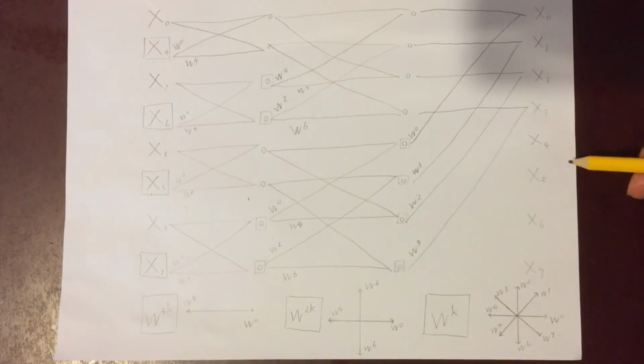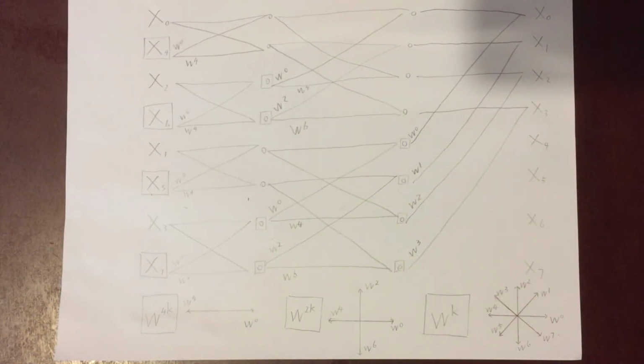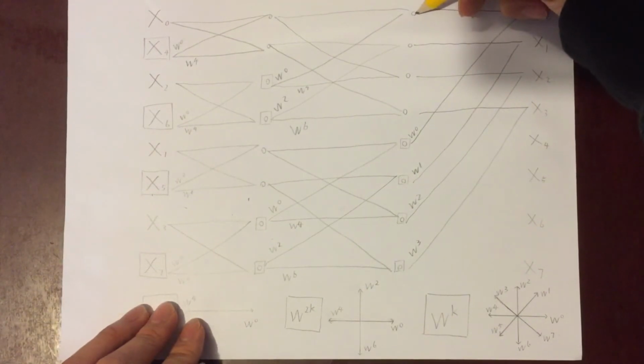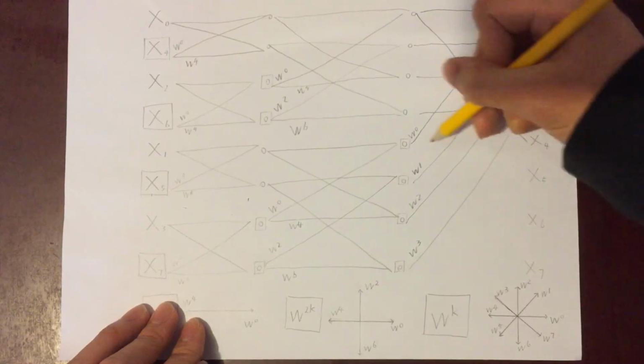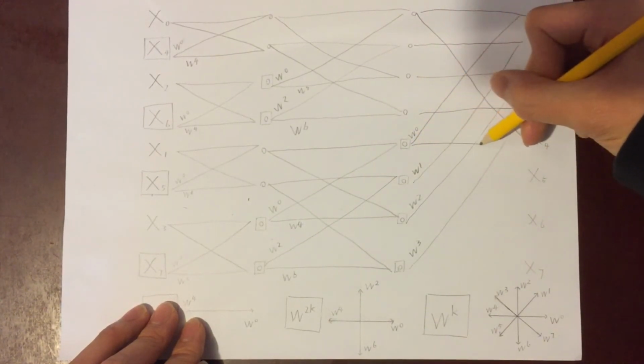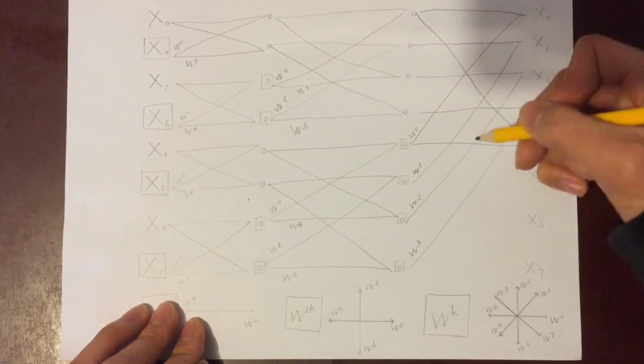What about when k is equal to 4? When k is equal to 4 in the previous stage, it is the same as when k is equal to 0. Alright? It's just a root of unity. It repeats perfectly. So these two. Of course, it's going to be multiplied by a different twiddle factor.